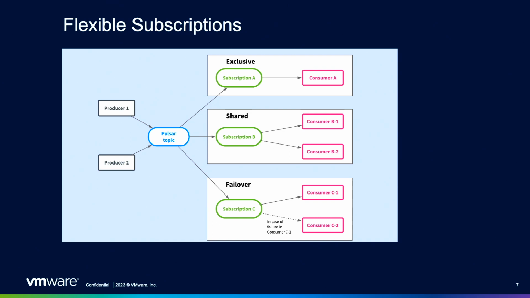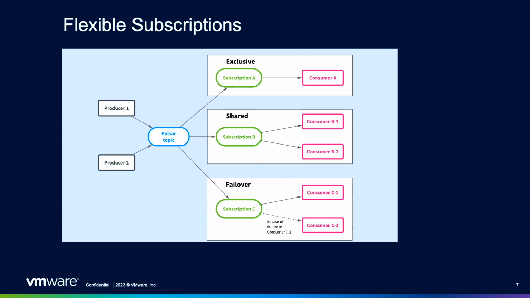If you have a different consumer group, you can consume from the same topic. In the same way, the exclusive subscription, as the name indicates, is exclusive for that subscription.